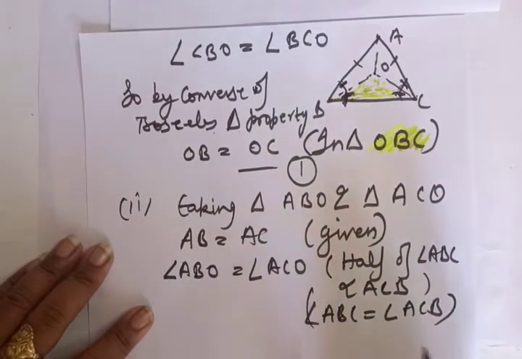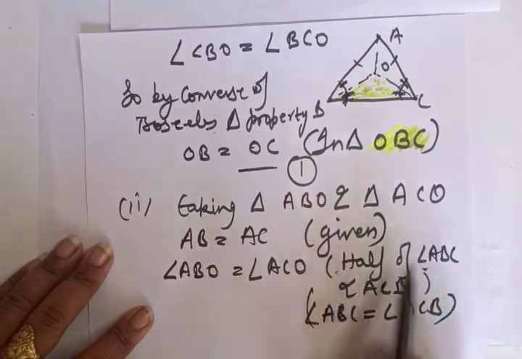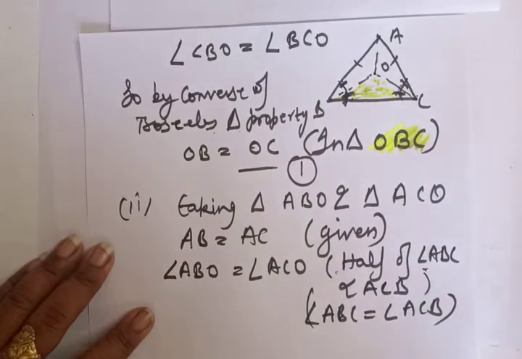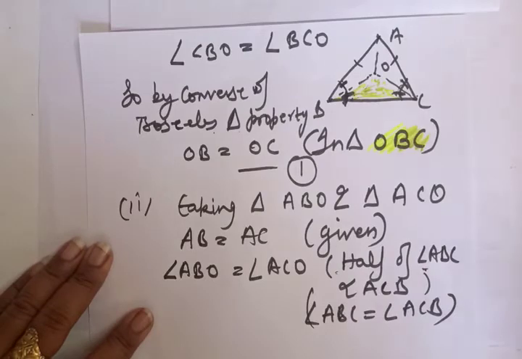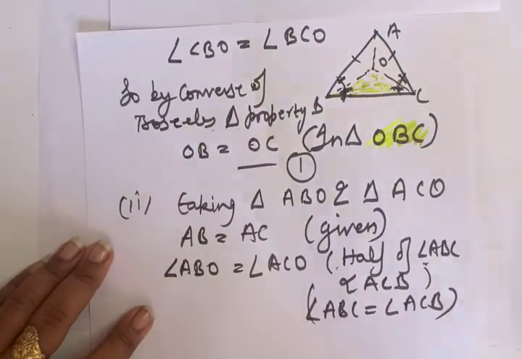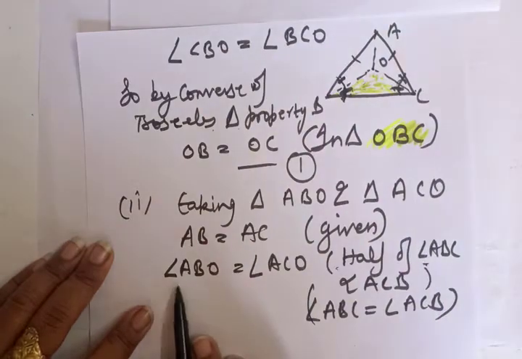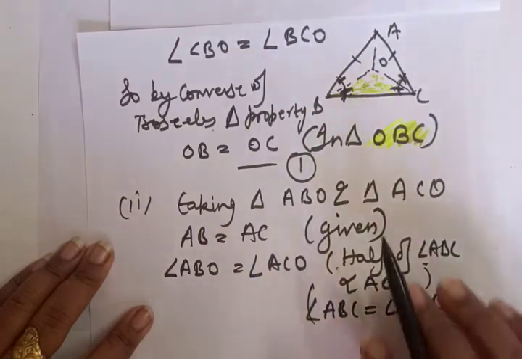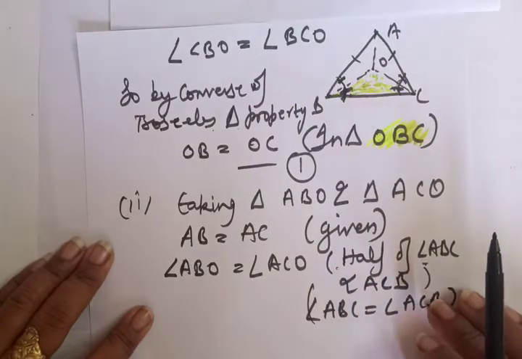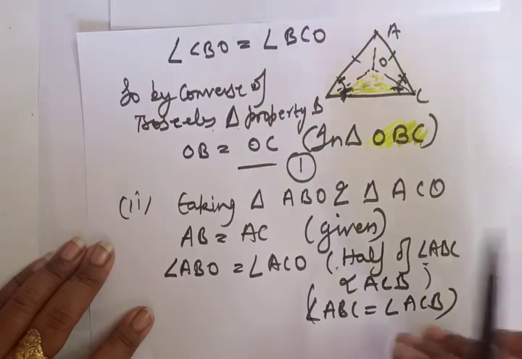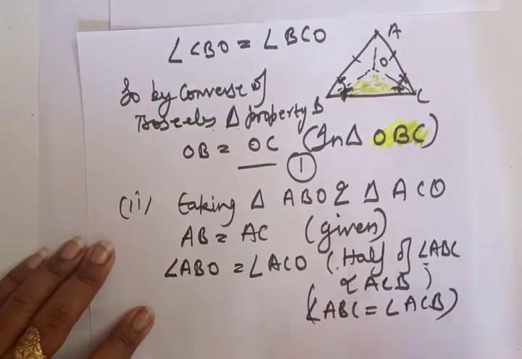Clear? Or we can write half of angle ABC, just like we have done in the very first part. Since you have already explained in the very first part that the half of these angles are equal, this reason is not required here, because you have already explained it in the same question. So the teacher will get to know that the concept is clear to the student.